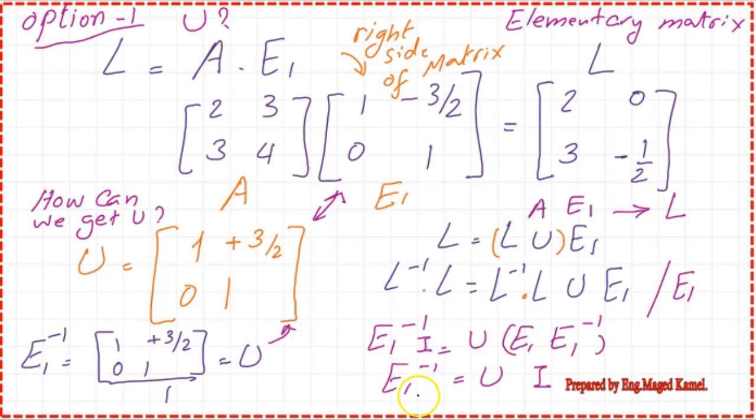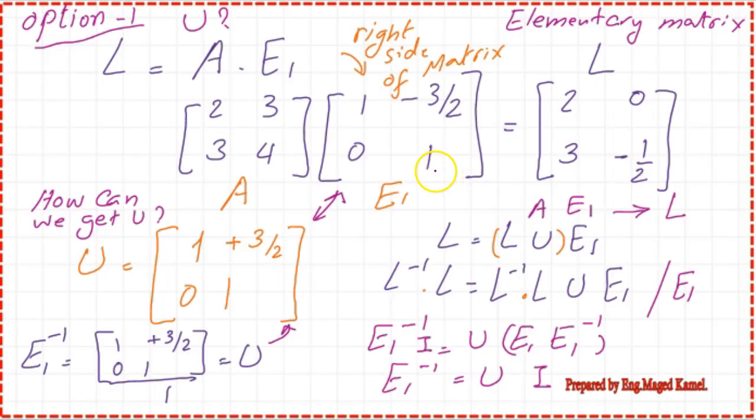by I, which means that in order to get the upper matrix, we can simply take the inverse of the same elementary matrix E1, which will give us the value of U. Let us try. We have used an elementary matrix 1, minus 3 over 2, 0 and 1.